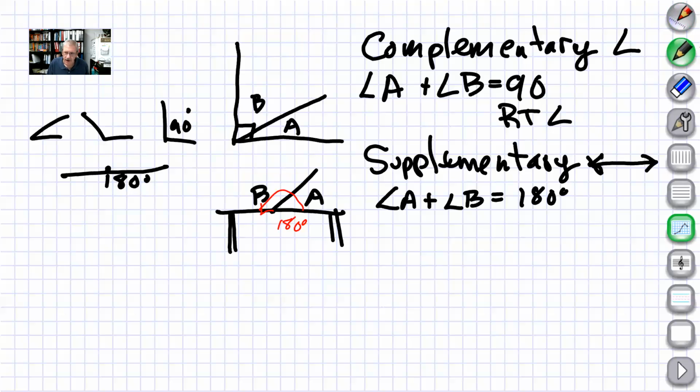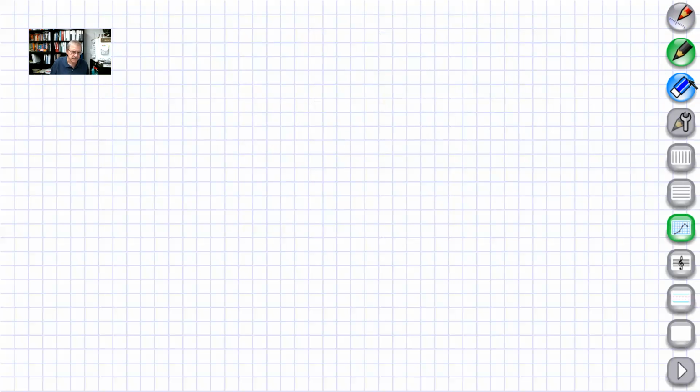So sometimes we like to trick students, we like to have little problems with this. So I'm going to make up a problem. I know it's probably not the best of problems, but I'm going to try to make up a little problem here. So let me erase this. Let's say we have two angles here, and we're trying to figure out these angles.